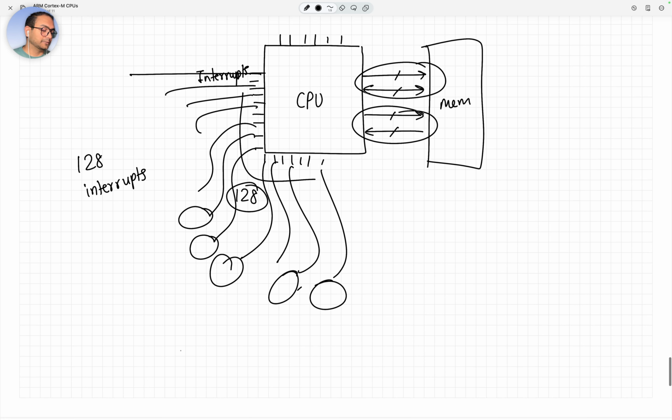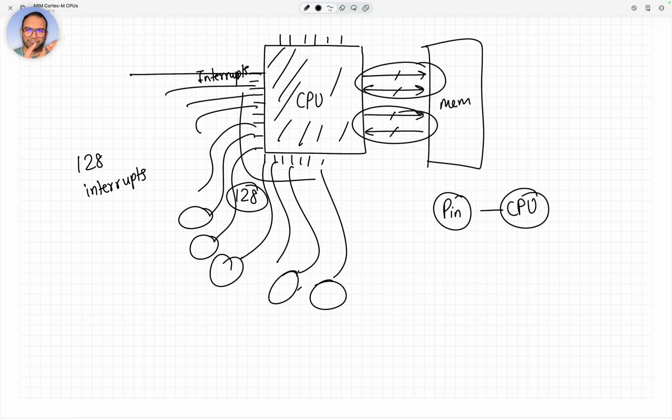And now here's the thing. Each pin on the CPU is expensive. When you're designing a CPU, the manufacturing cost depends on how many pins you want to bring out on the package.